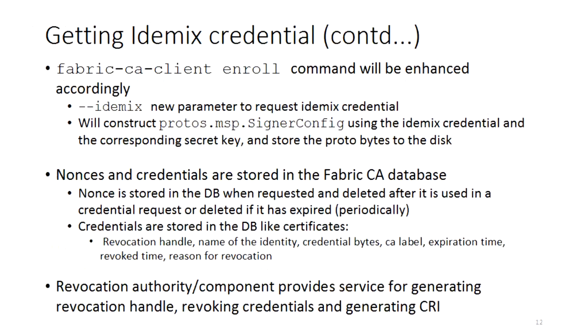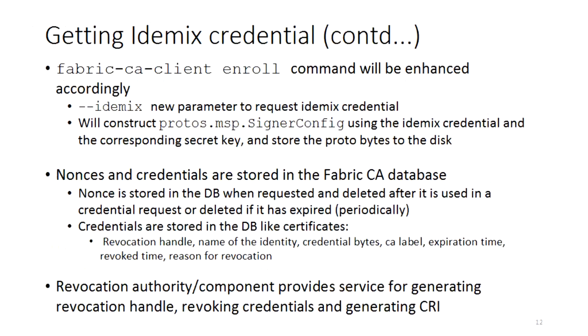The nonces and credentials will be stored in the CA database on the server. For the nonce, the CA needs to know whether the nonce that the user sends back is valid. So it will maintain a store of that, and it will verify it, and the nonce will have an expiration associated with it. Similarly, the credentials will be stored like we store the certificates today.